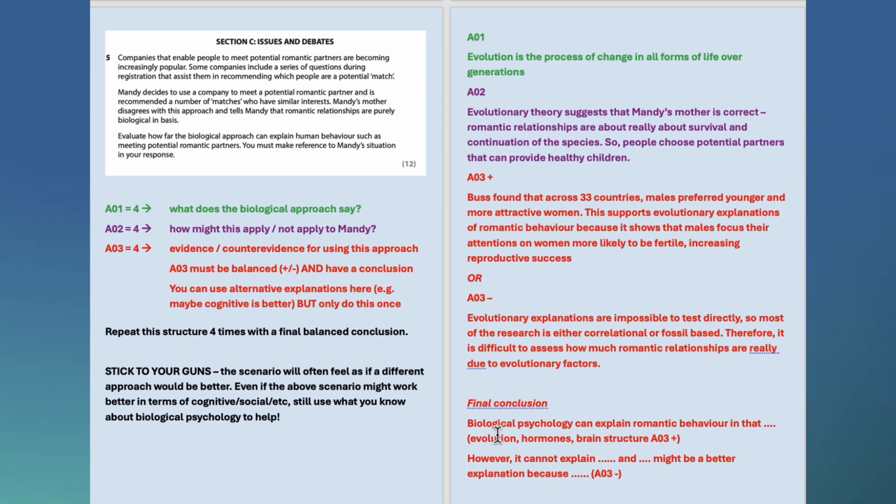However, it cannot explain whatever it can't explain, and a cognitive approach or whatever it might be is a better explanation because, and there's your AO3 negative. So that's how you would go about it.